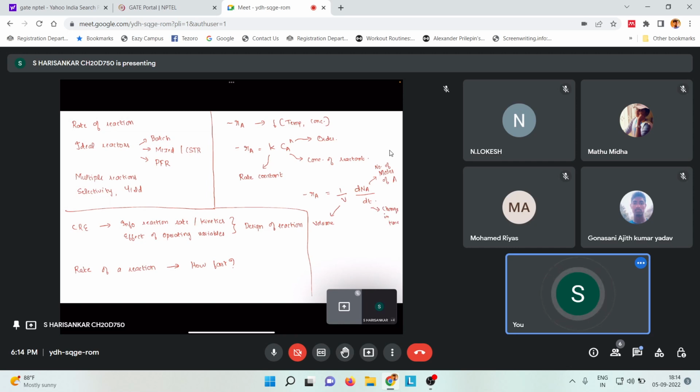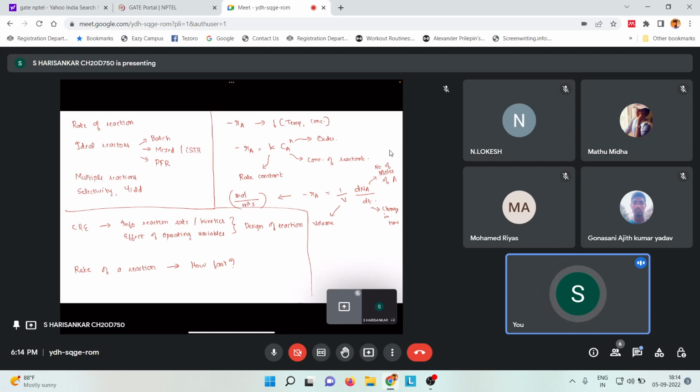Okay, so this reaction rate, the unit, is usually represented as mole per meter cube second. So this is the unit for this representation of reaction rate.